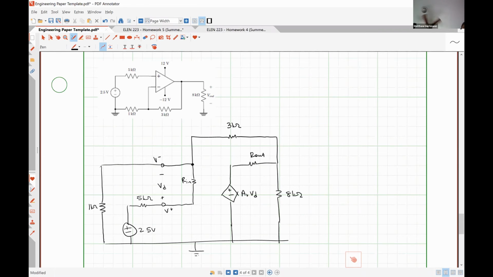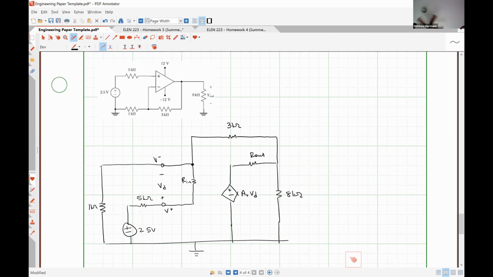This is ground. All right, so between the inverting input terminal and ground, I should have a 1 kilo ohm resistor. That's this guy right here. Between the non-inverting input terminal and ground, I should have a 5 kilo ohm resistor in series with a 2.5 volt source.